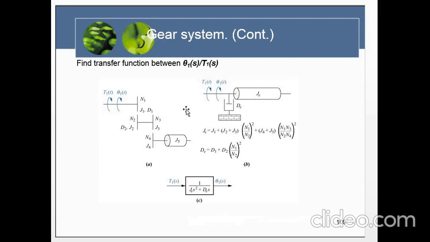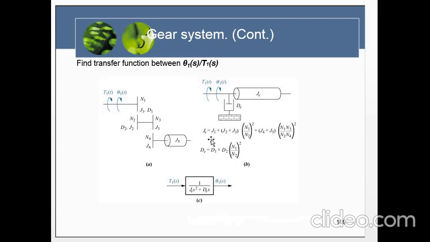Okay, now we move on. We try to evaluate the equivalent moment of inertia, J equivalent, and the equivalent damping coefficient. Because there is no K here, if there is K also, we first determine the equivalent.